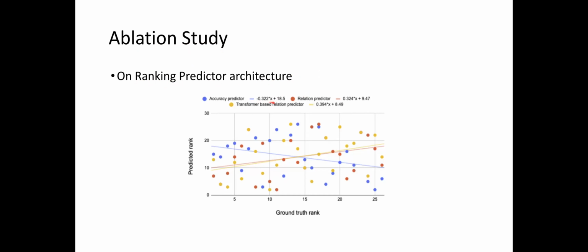They tried linear relations like these functions, but they found that a transformer-based architecture gives good results. If you see, this is the ground truth rank and this is the predicted rank through the relation network. We expect this curve to be very straight so that the ranks are optimally predicted based upon the given network architecture. This is the line that they have got here.